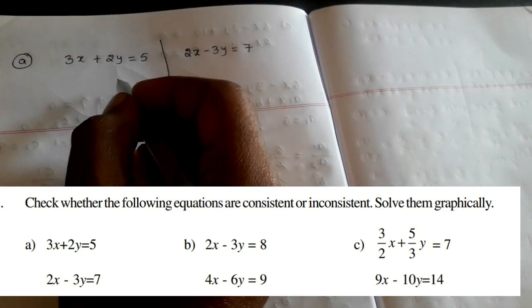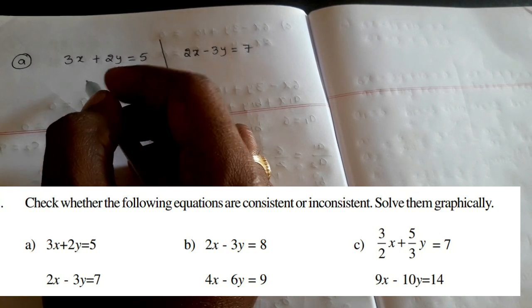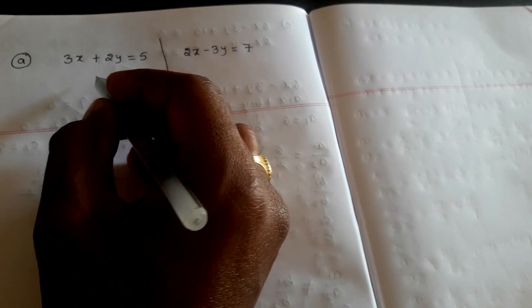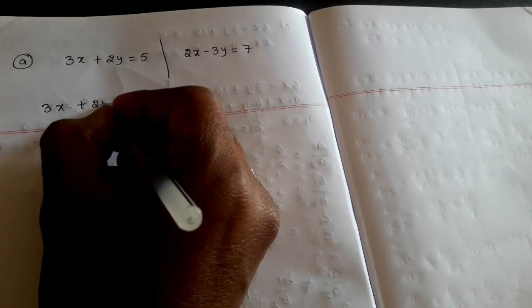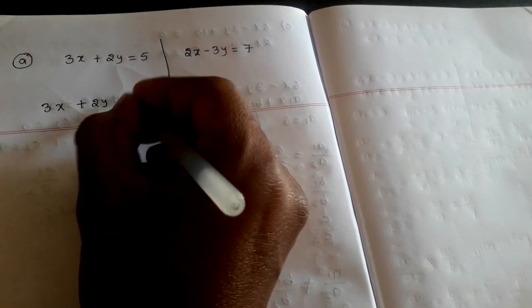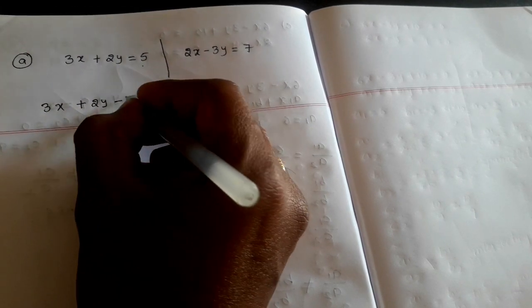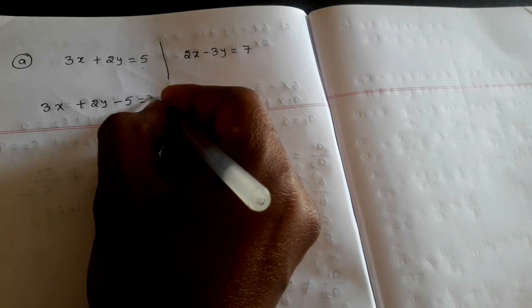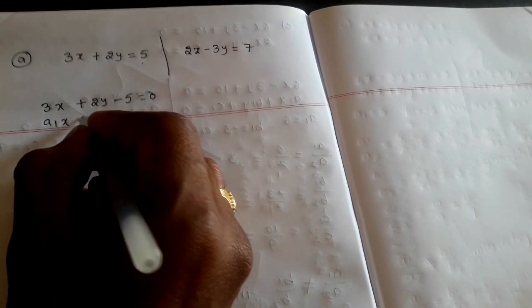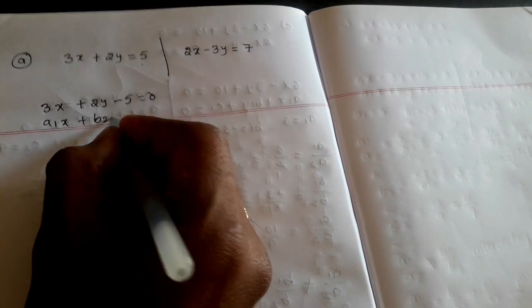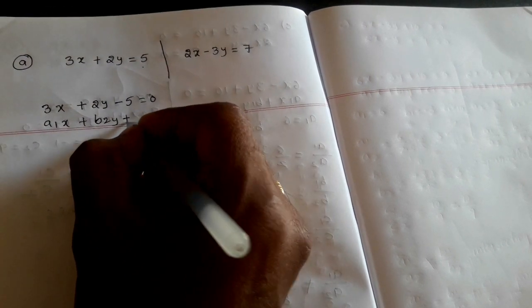So first of all, let us take the first equation, that is the first line, as 3x plus 2y. Bring this 5 to the left side, it becomes minus 5 is equal to 0. Now it is in the form of a1x plus b1y plus c1 is equal to 0.